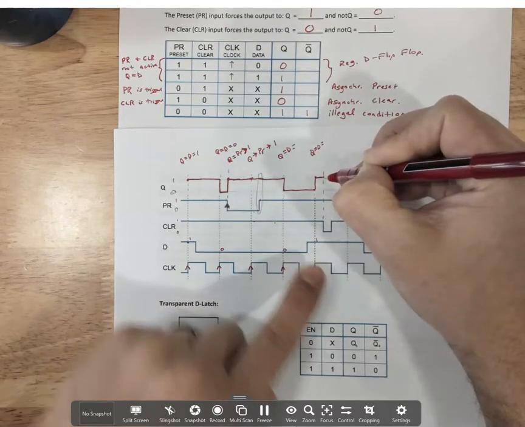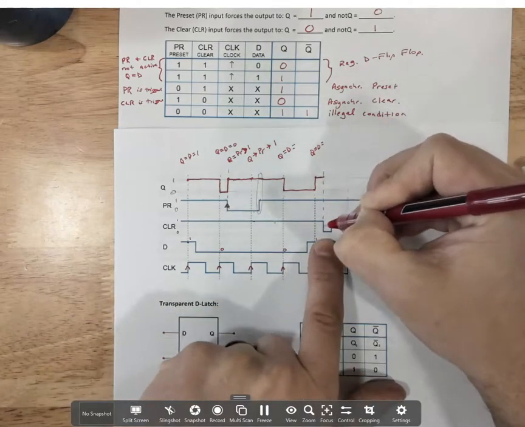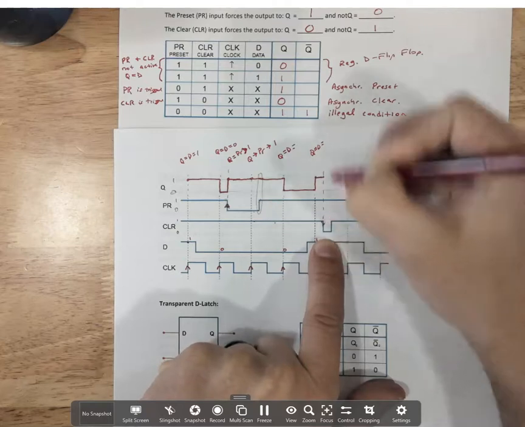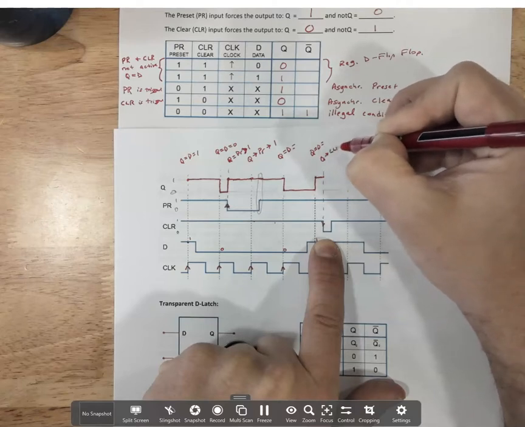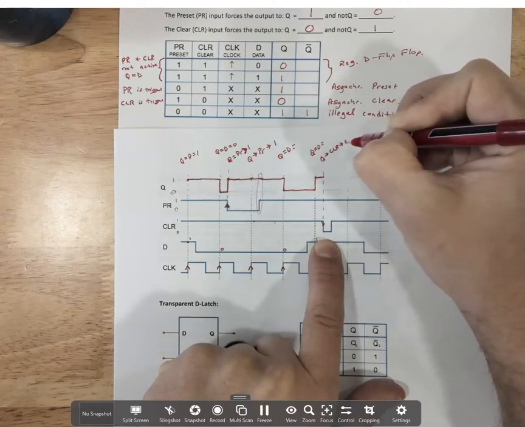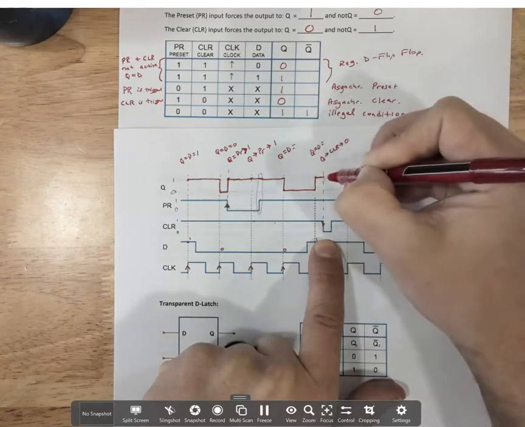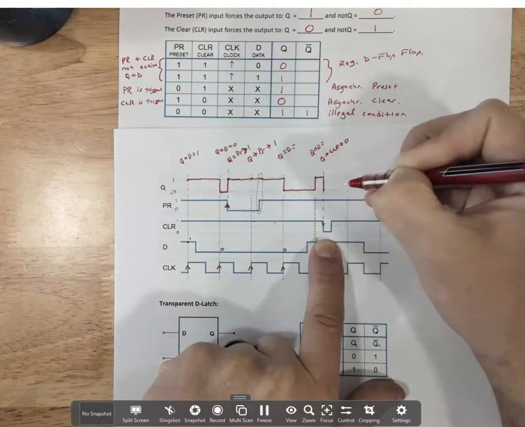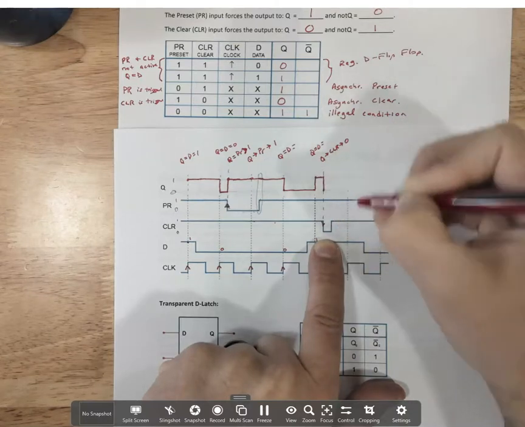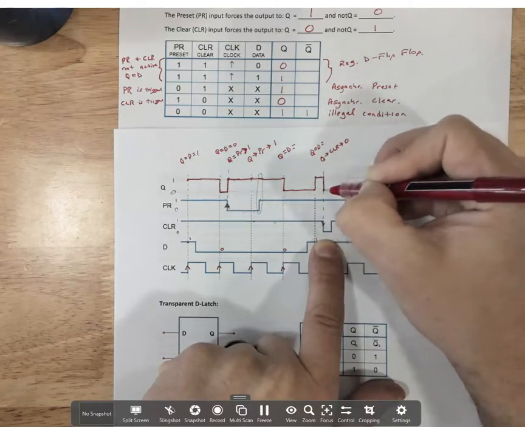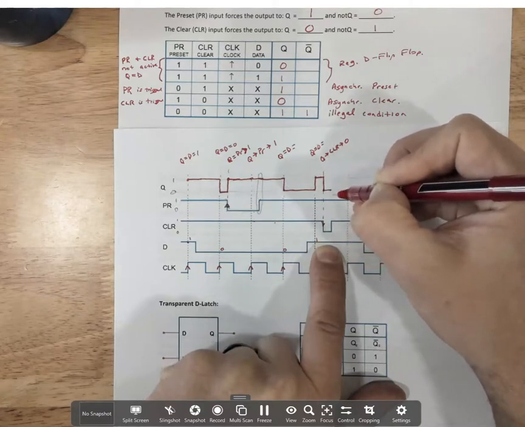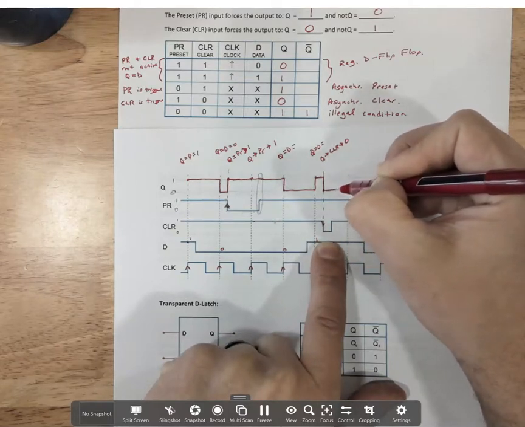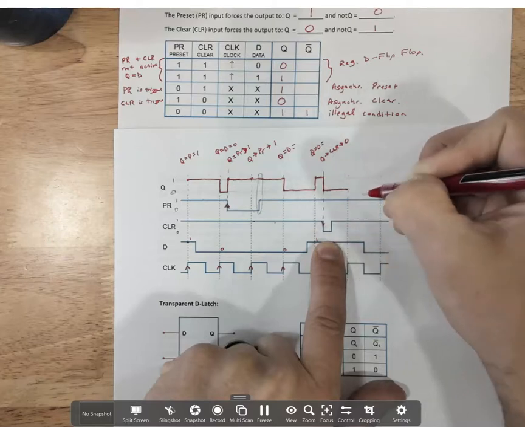So I'm going to kind of pause right there and evaluate. When clear is active low, right, went low, Q has to worry about clear, and clear makes our output go 0. So it's going to come right back down to 0. And then, even though the clear comes off right here, that's not going to trigger Q, so Q is going to stay low until the next rising edge of the clock.